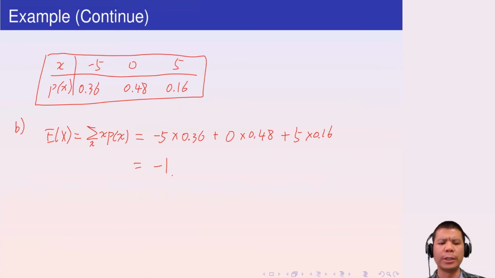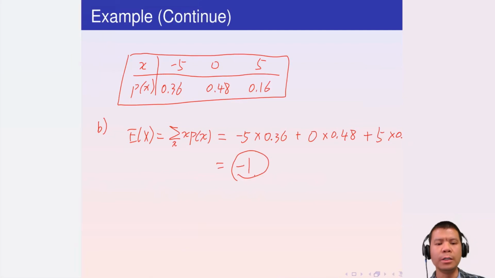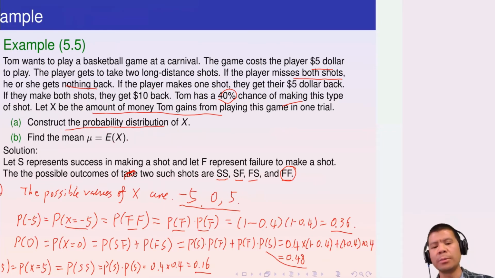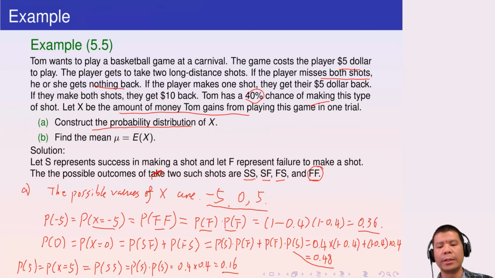So how to interpret this -1? Expected value equals -1. So x is the amount of money Tom gains from this game in one trial. So -1 means what? Tom is going to lose $1, right? So Tom will lose $1. The expected amount of money Tom gains from playing this game in one trial is -1.